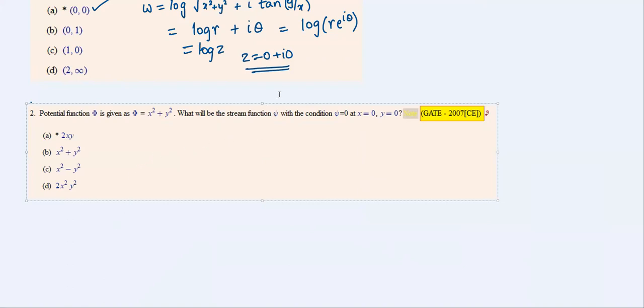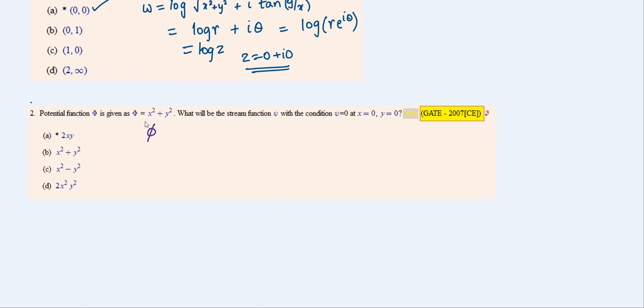So in fluid mechanics, the potential function and the stream function are, if I remember, conjugate harmonics.